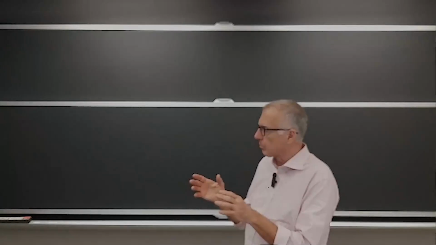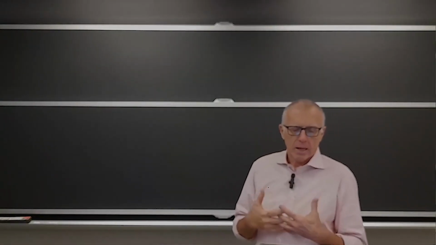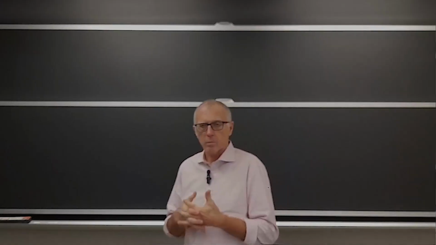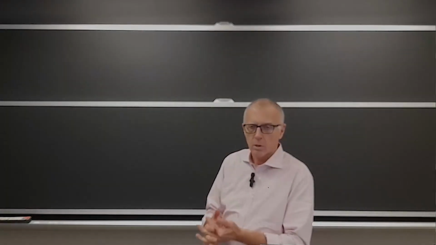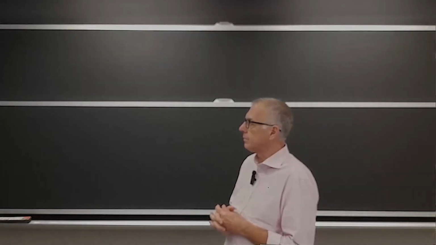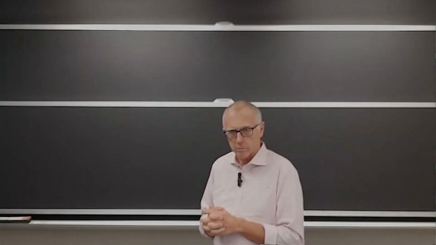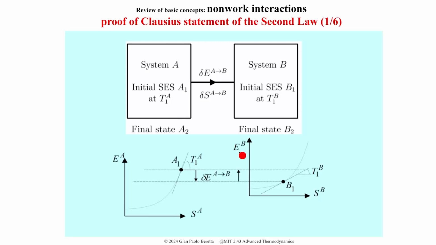For simplicity, for the moment, we consider fixed volume, fixed amounts. We want to transfer some energy from one to the other. The question is, is it always possible, or when is it possible? Do I need to transfer also some entropy in order to make it possible? That's the question answered by the Clausius inequalities that we will prove right now.